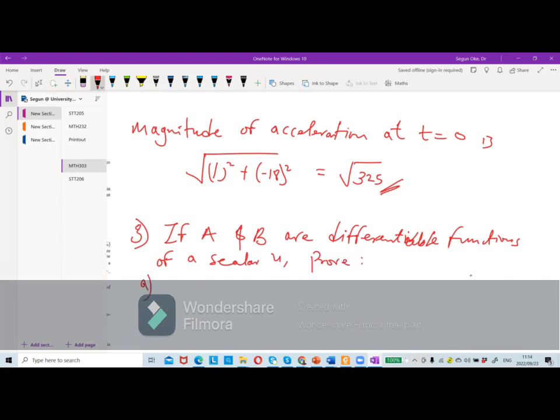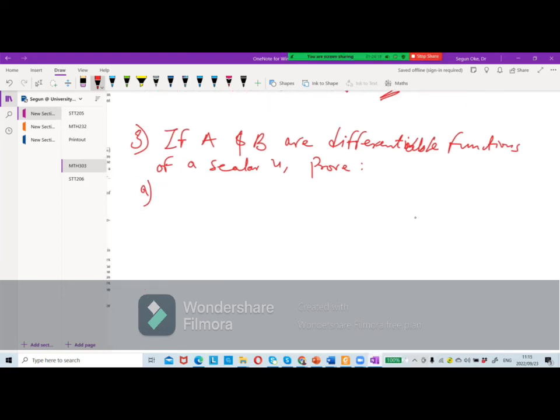A. How many of you have seen this type of question before? d/du of A dot B equals A dot dB/du plus dA/du dot B.